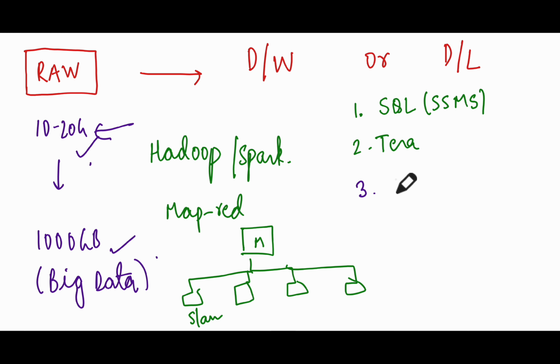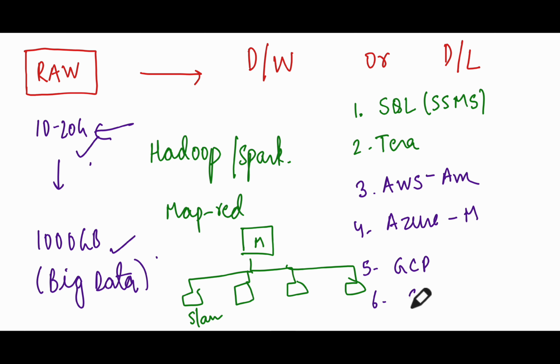So we have cloud services now, like AWS by Amazon, Azure by Microsoft, and GCP from Google, and there is Snowflake as well, and a lot of other things available nowadays.